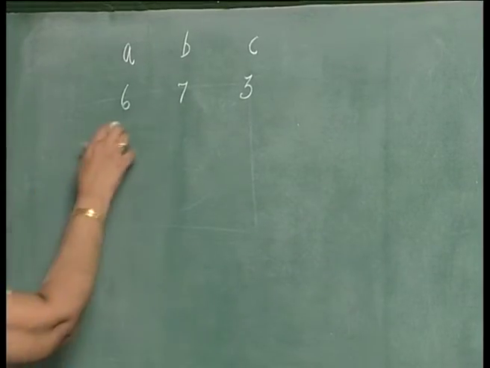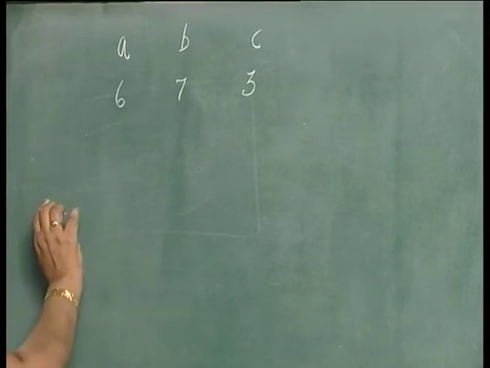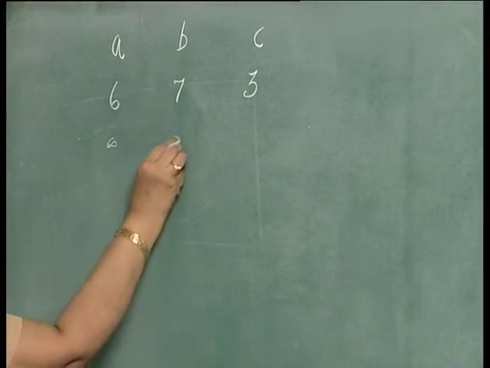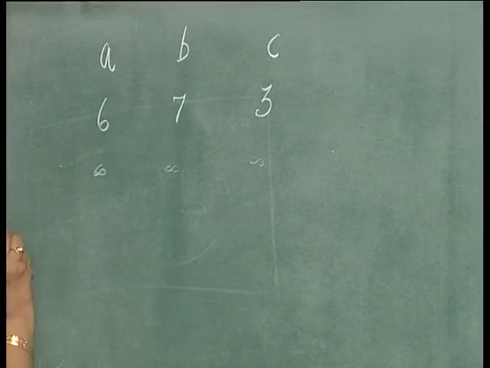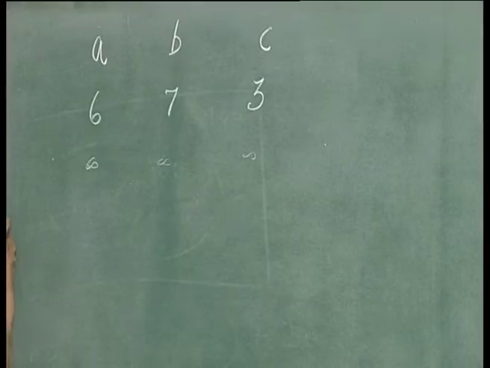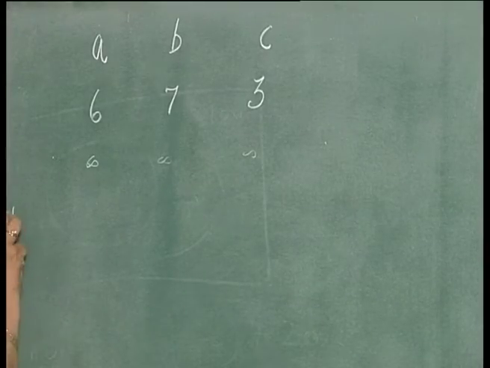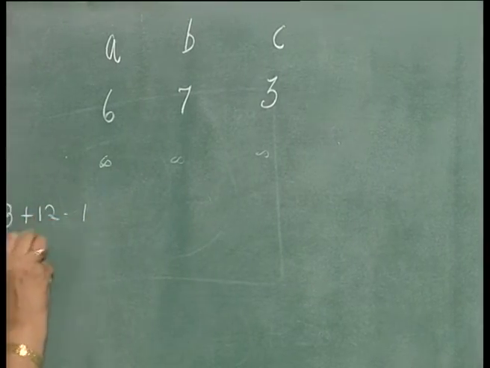Now, suppose you are having unlimited number of them, and then you want to select 12 of them, that is with unlimited repetition, it is given by the formula (3 plus 12 minus 1) choose 12.